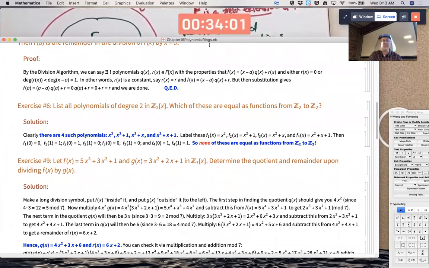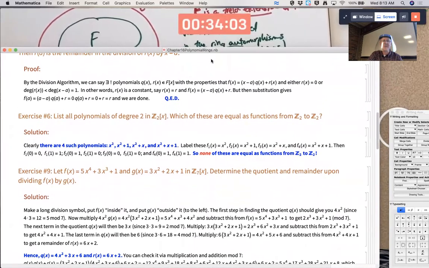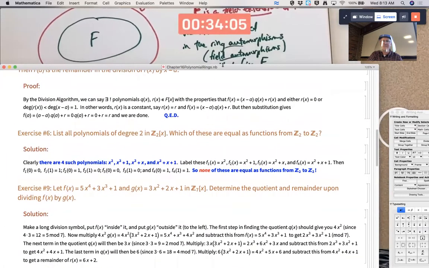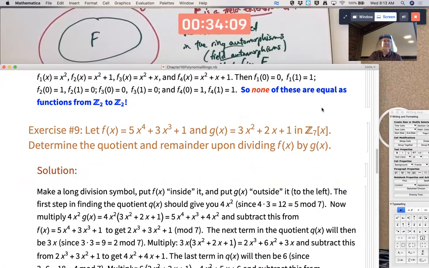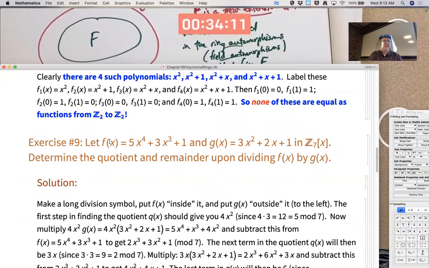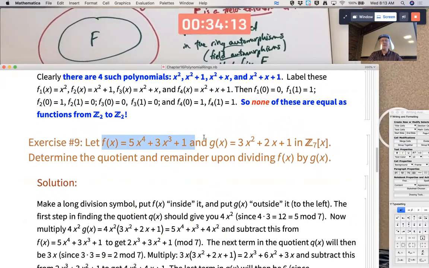Let's go ahead and look at number 9 here. This is in chapter 16. Let f of x be this polynomial and g of x be this polynomial in Z7[x].